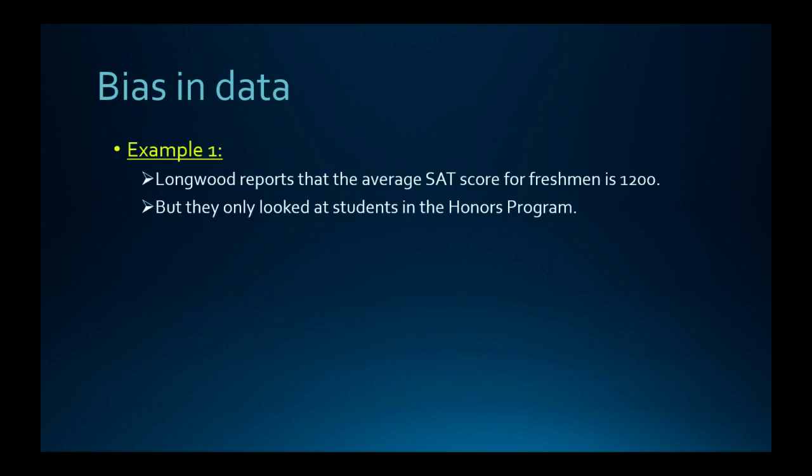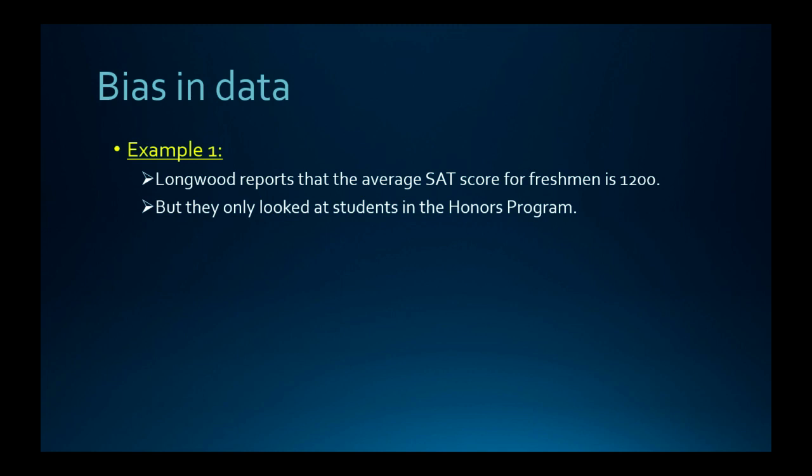So let's look at an example. Let's say that Longwood reports that the average SAT score for freshmen is 1200. And that would be really impressive. And people would look at it and go, wow, that's really impressive. Okay. But what if, to get that data, they only looked at students in the honors program? And of course, they're not going to do that. That would be highly deceptive. But what if they did that?